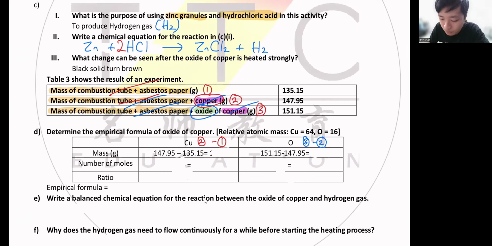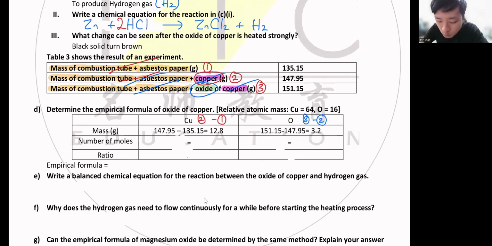What do you get? I believe this number, right? Then remember, if you want to find the empirical formula, what you should do is the number of mole. Remember, number of mole is mass divided by molar mass, since here they're talking about mass, how many grams. So just use 12.8 divided by the relative atomic mass, 64.